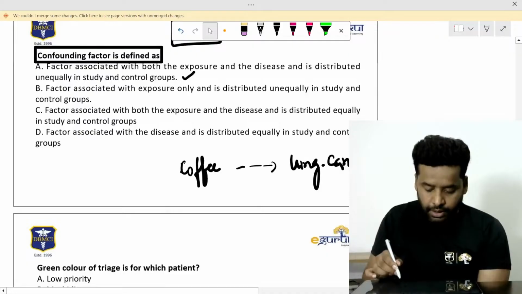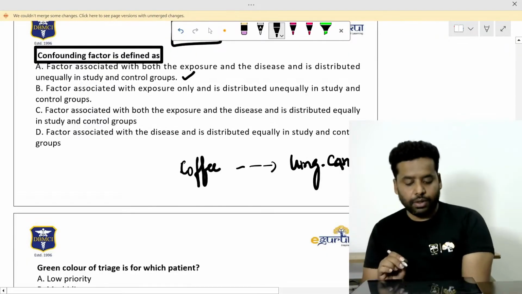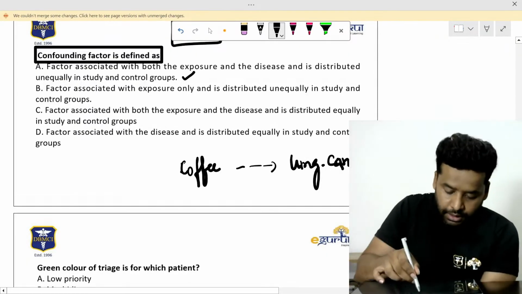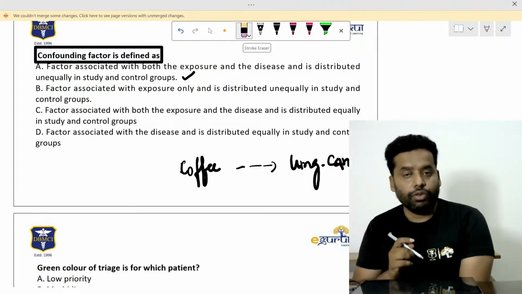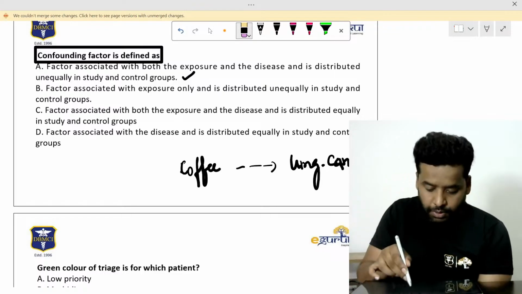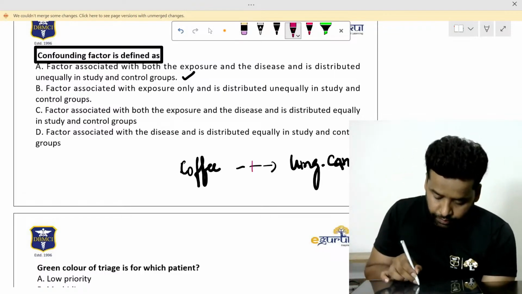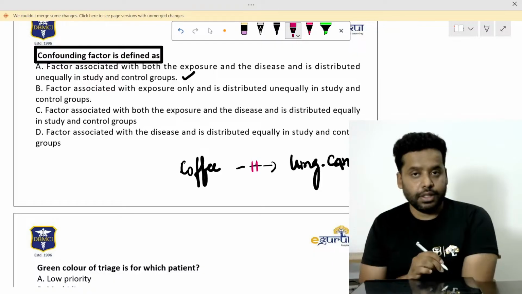Is it possible? Can coffee cause lung cancer? No, there is no direct relationship.